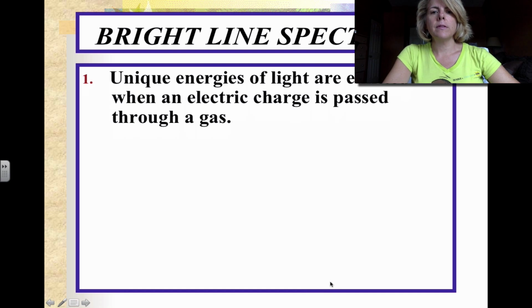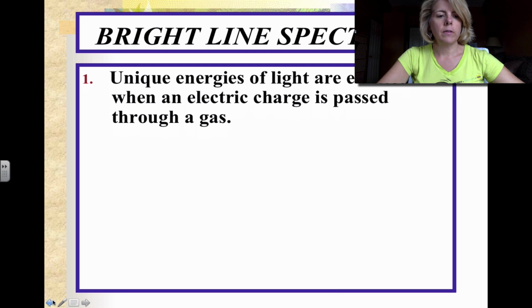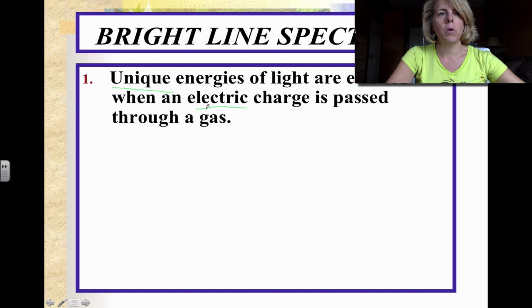So what happens is these specific elements, they have unique energies. Not every element has the same type of light. So this is the nice thing about elements, is we can actually get specific types of light coming from that element. And you have to have an electric charge. This won't work at a steady state.